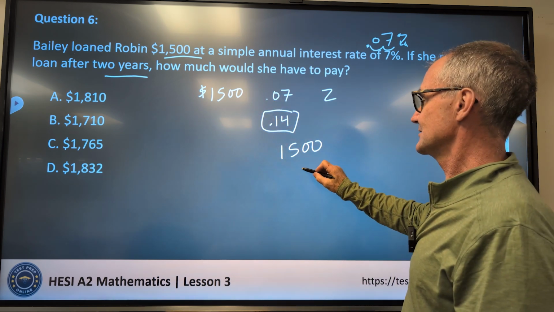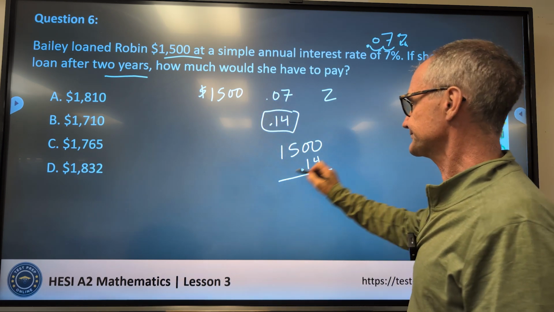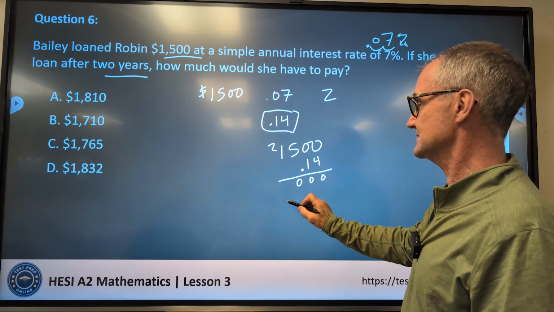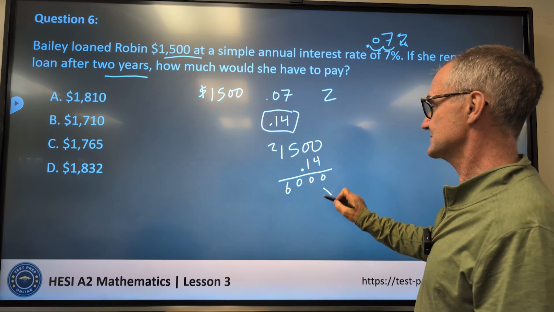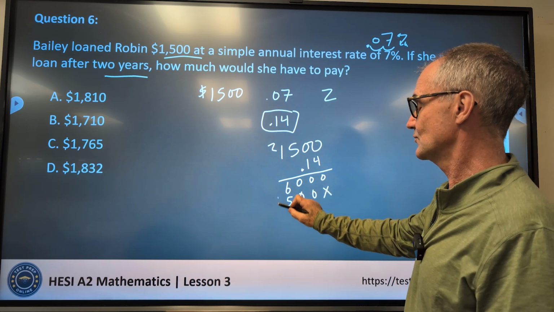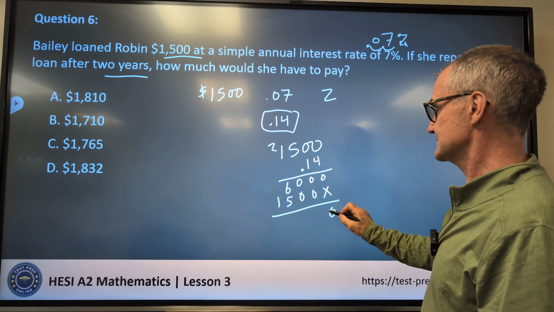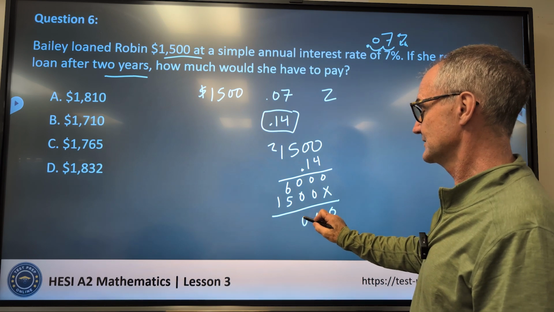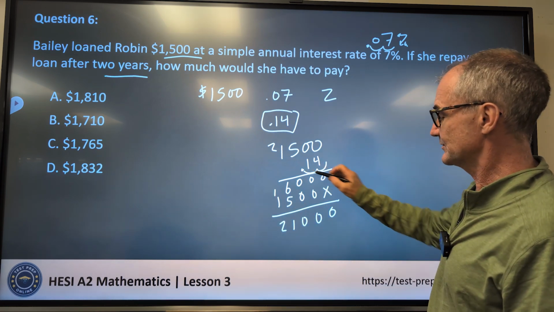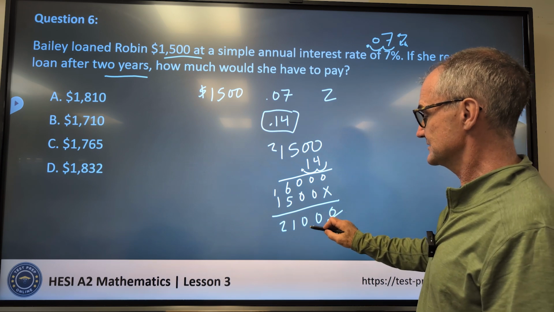So times 0.14, and I get 210 after moving the decimal over 1, 2 places.